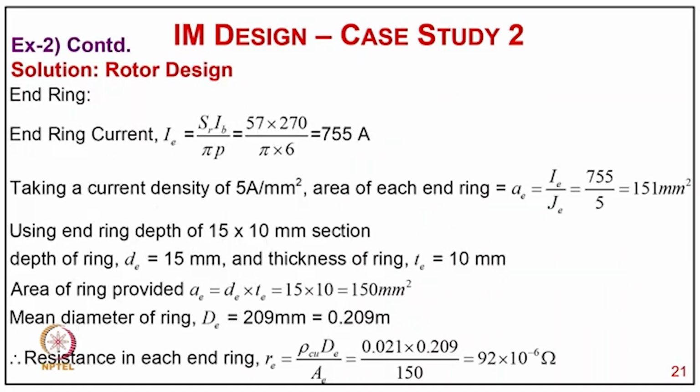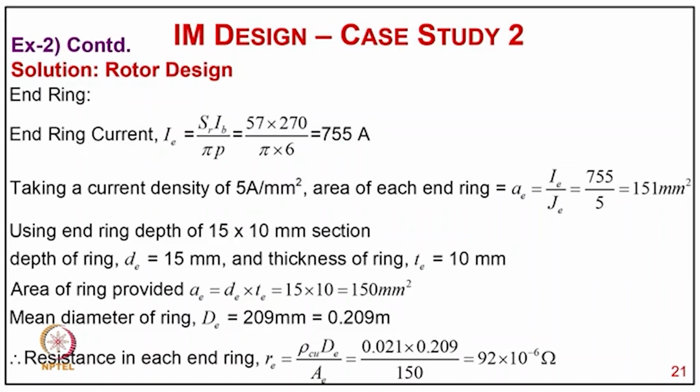Now coming to the end ring calculation. The end ring current is IE equals SR upon pi P into IB. Putting in the values, it comes to 755 ampere, and taking a current density of 5 ampere per millimeter square, the area of the end ring is A equals I upon J, so it comes to 151 millimeter square. Using an end ring of 15 into 10 section, the depth of the ring is D equals 15 millimeter and the thickness is T equals 10 millimeter, and the area of the ring provided is A equals D into T, that is 150 millimeter square.